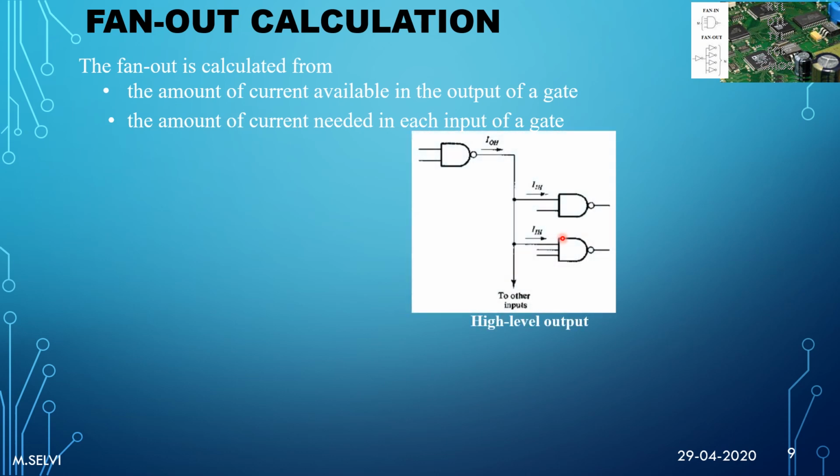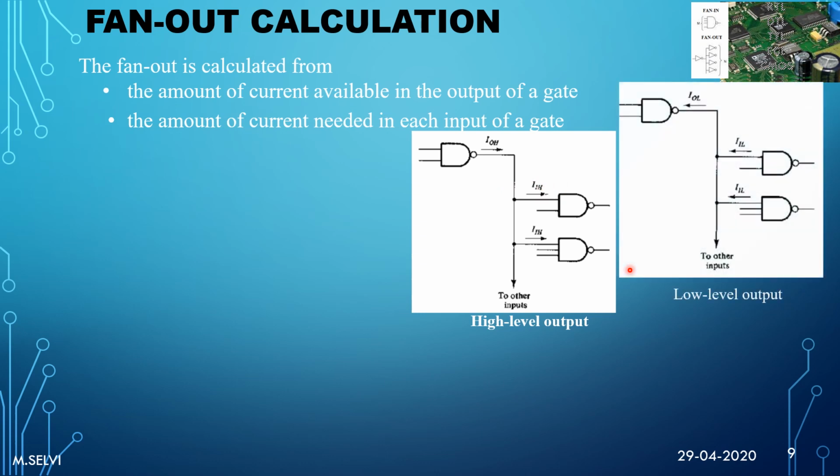Say the high level output current is IOH and the current needed at the input of this NAND gate is IIH. Or for a low level output, IOL is the amount of current at the output of the NAND gate and IIL is the amount of current at the input of the NAND gate at the low level.